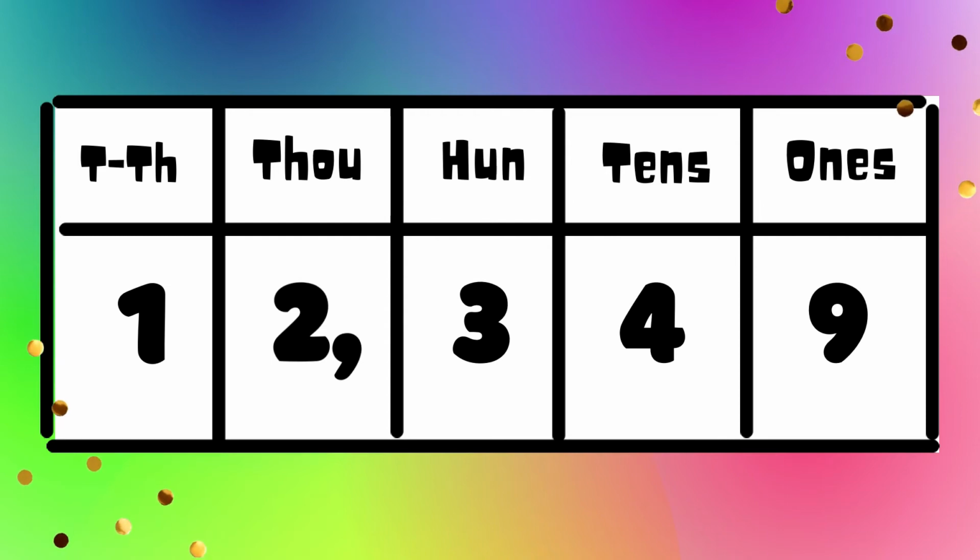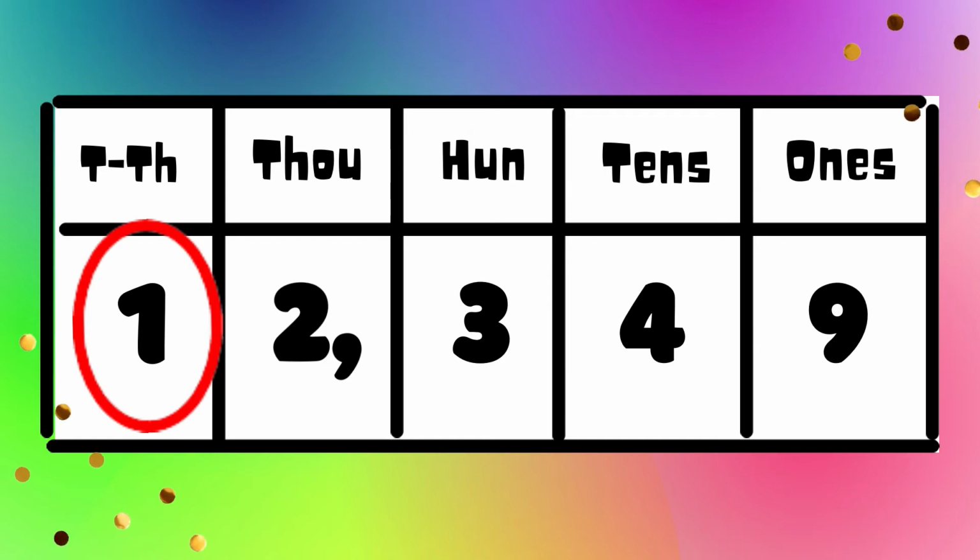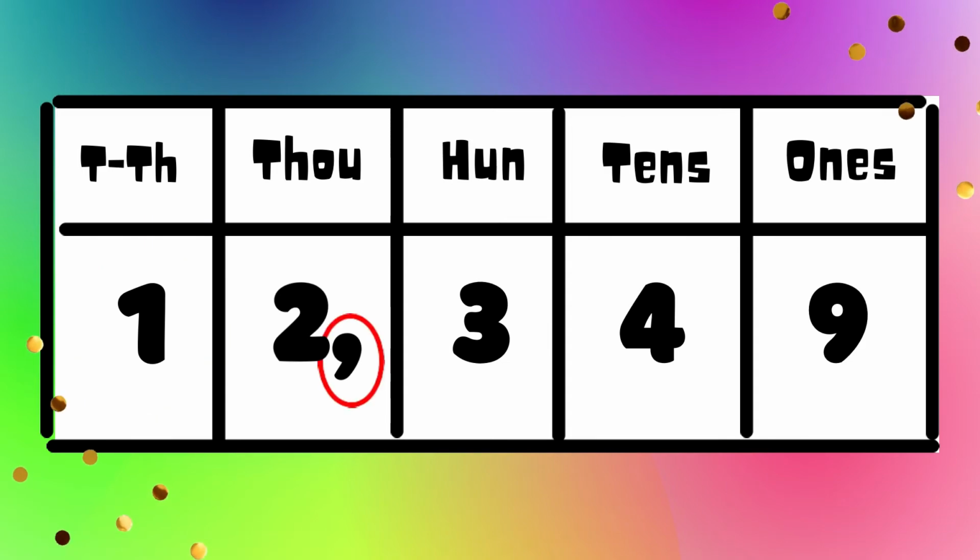But in reading a number, always begin with the digits in the first period on the left and say the period where the digits are. Then say only the digits in the units period. In writing a number in symbols, the digits are separated by a comma or space in groups of 3 called periods starting from the right.